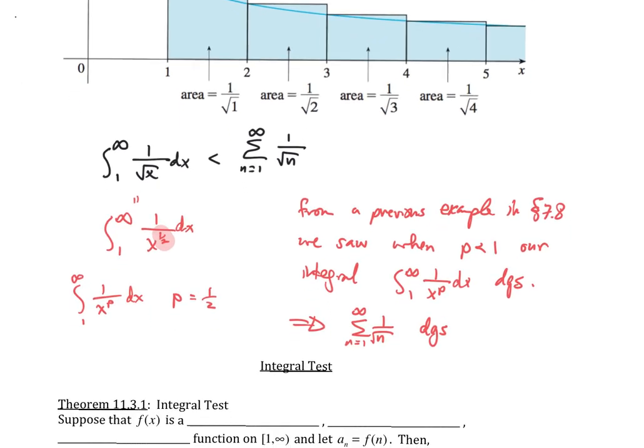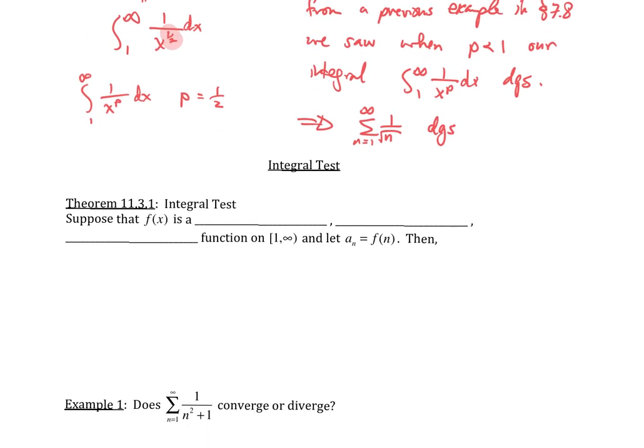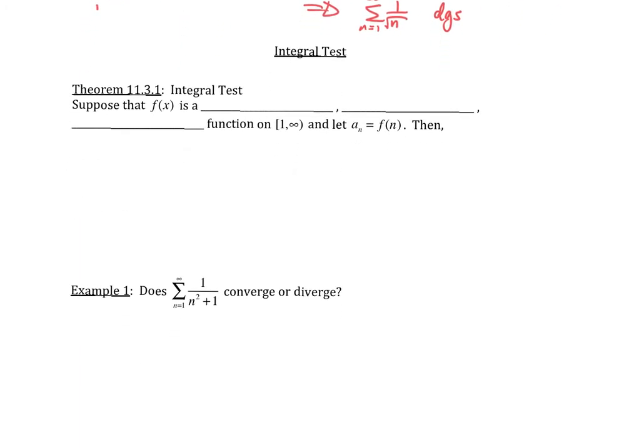Okay, so let's try to capture all of this in a theorem. This theorem is called the integral test, and the integral test has certain conditions that must be satisfied before we can use it. We are going to need to suppose that our function f of x is continuous, positive, and decreasing.